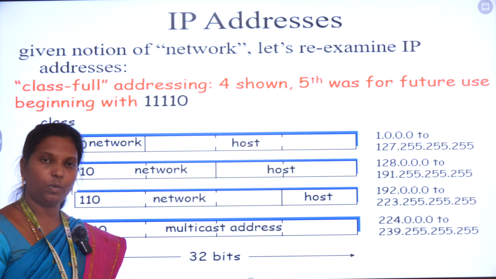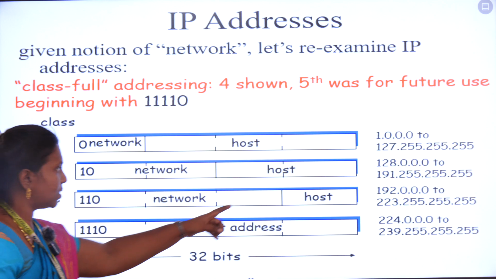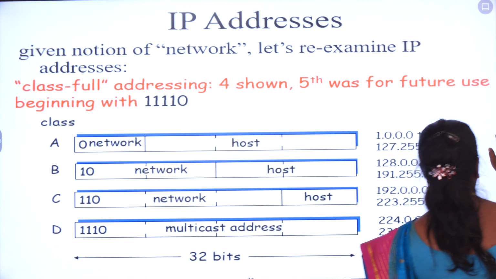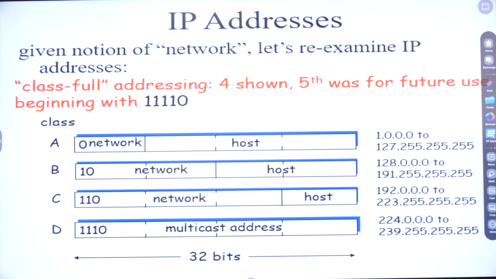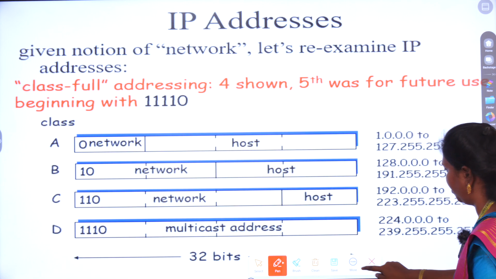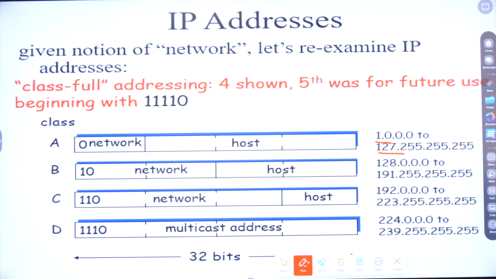So here the 4th and 5th will show that all these among 32 bits will start with this level. Say this is 1 to 127.